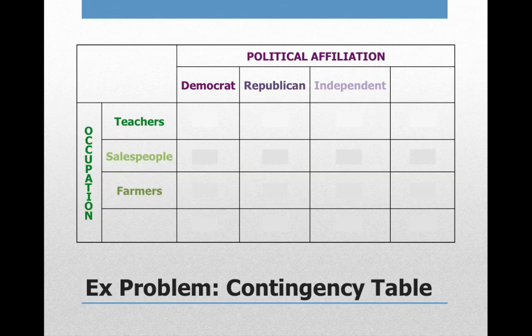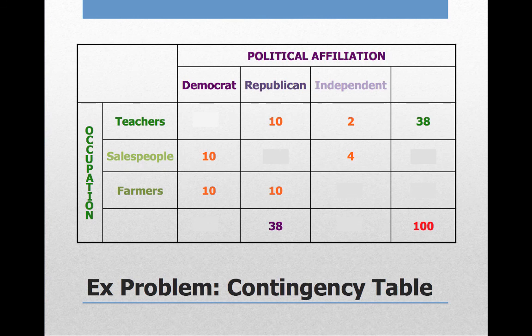So one thing you may see in terms of an example problem is something similar to this. I may give you a crosstabs, and I'm going to have you complete the contingency table based upon what's given to you. So go ahead and pause the video and work through trying to fill out the rest of this contingency table. When you think you've got your answers and you've double checked all your calculations, go ahead and unpause the video.